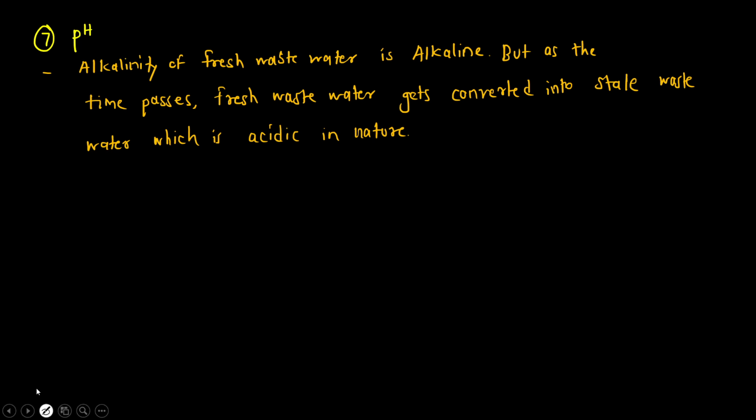So you can write it like this: fresh wastewater is alkaline, but as time passes, fresh wastewater gets converted into stale wastewater, and this is acidic in nature. Now, why is it getting converted, or what is the reason for it becoming acidic?